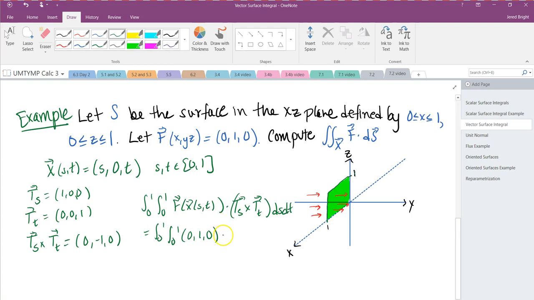Then I dot that with (0, -1, 0), ds dt, and I just get the double integral from 0 to 1 of negative 1 ds dt, and as you might imagine, we just end up with minus 1. So that is to say that the amount of flow of the vector field across the surface is just minus 1. We'll continue to discuss flux for almost the rest of the videos in some way, shape, or form.